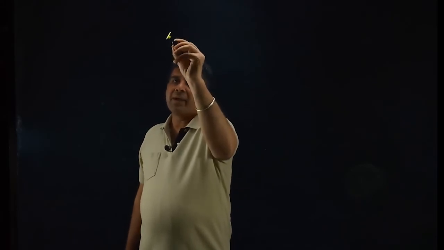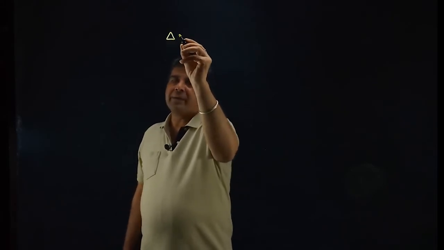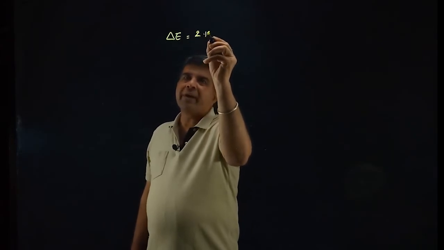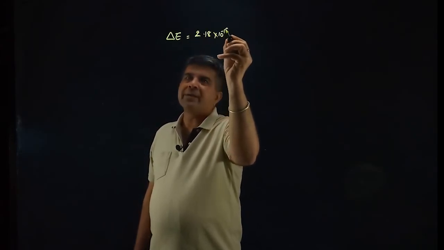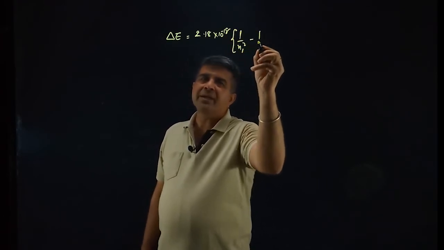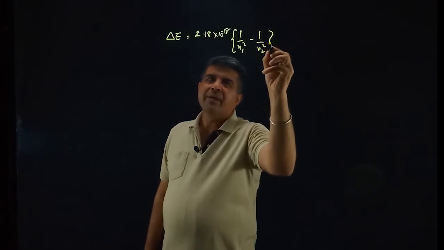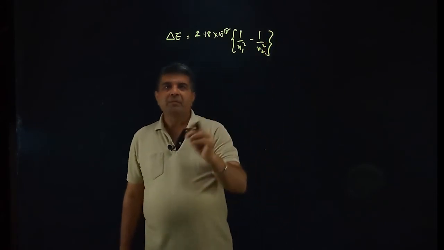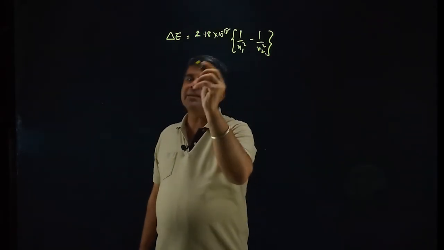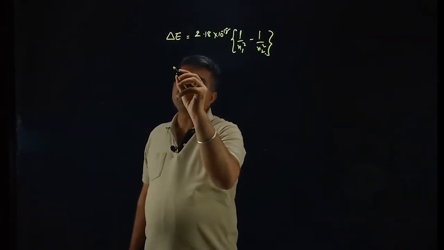In my last episode, I discussed that Bohr gave a formula. Delta E, the change in energy, is 2.18 into 10 raised to power minus 18 times 1 over n1 square minus 1 over n2 square. From this formula I have already discussed that we can calculate the wavelength associated with it.